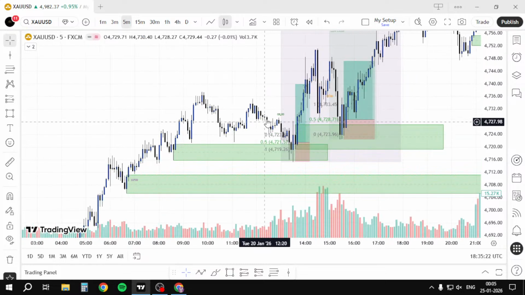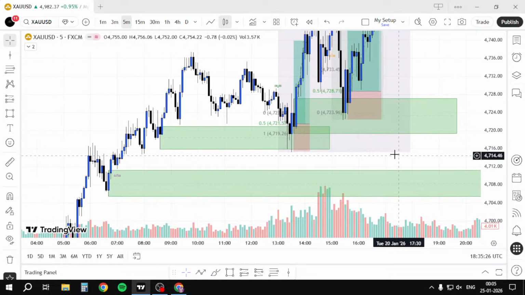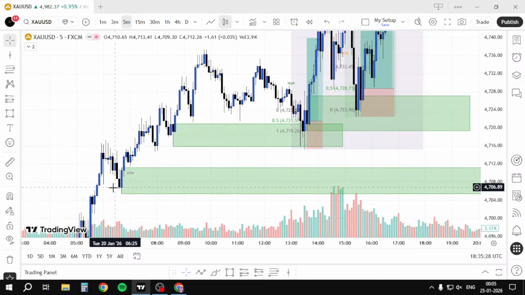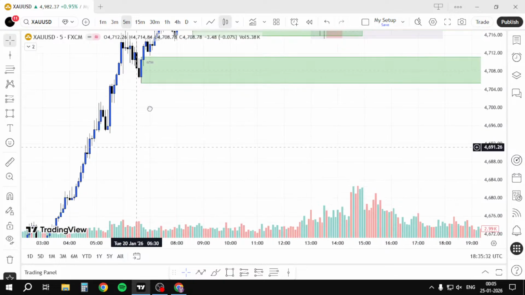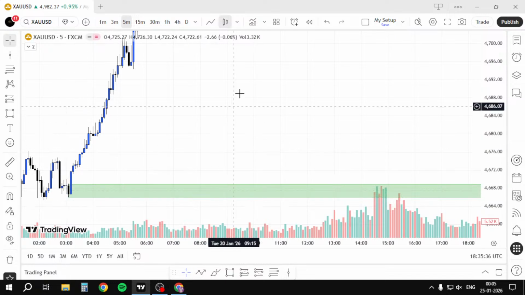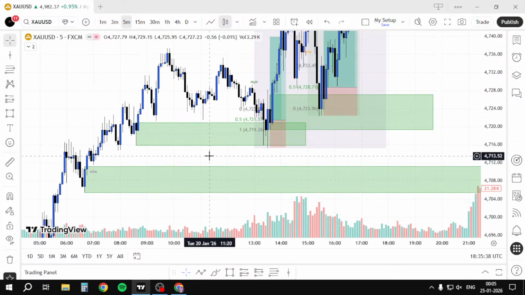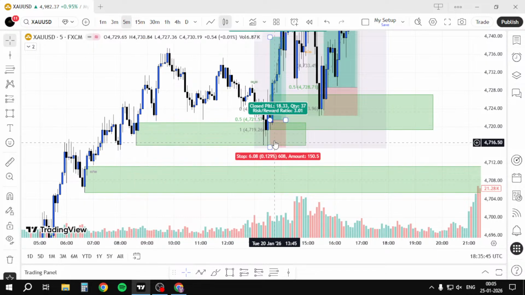So in this, market came downside. Okay, now see, this is a POI, this is a POI, nothing left behind. Okay, nothing left behind. This or this one is left. Okay, now say it just tapped this one. You have to be patient until this POI gets tapped.